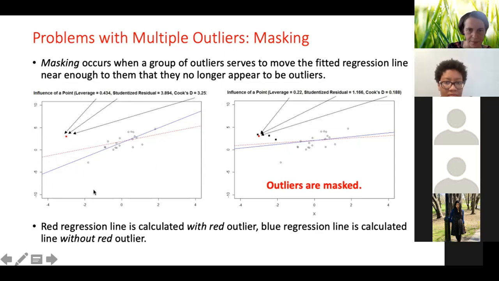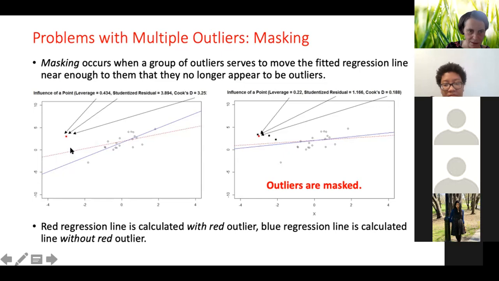Now, in the right figure, see what happens if we have a few more outliers. Now the outlier is masked. Why is it masked? If we calculate the regression without that single red outlier, then it's almost the same as if we calculate the regression model with the outlier, right?